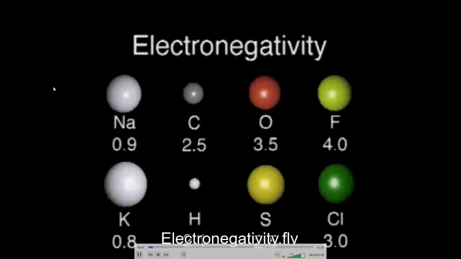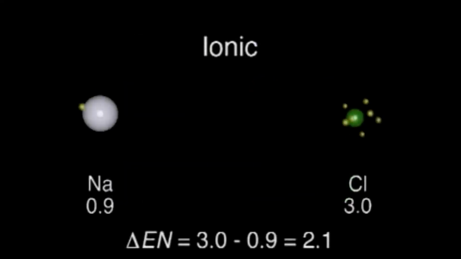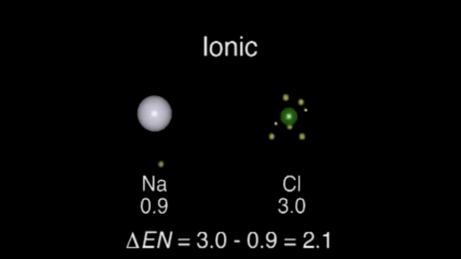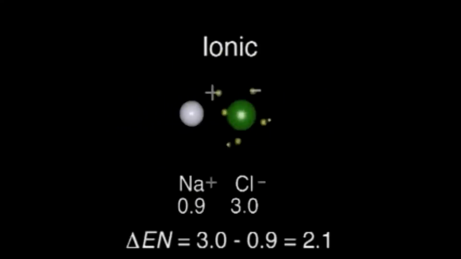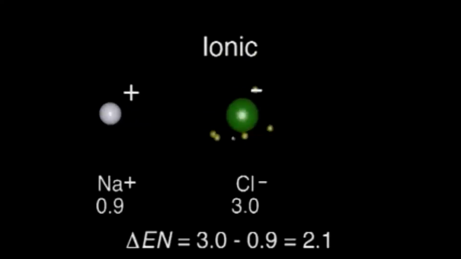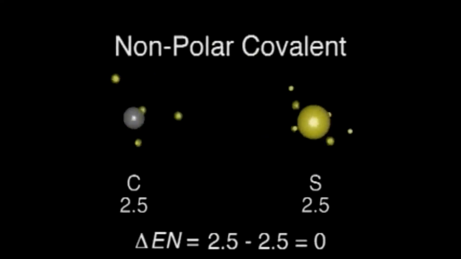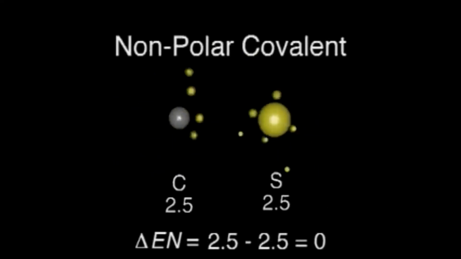An atom attempts to attract electrons toward itself when bonding with another atom. The level of attraction of each atom is called its electronegativity. When sodium and chlorine react, the chlorine atom removes sodium's valence electron and becomes a chloride ion. The less electronegative sodium atom cannot compete for electrons and becomes a sodium ion. The attraction between the ions is an ionic bond. When bonding atoms have nearly equal electronegativities, neither can attract electrons away from the other.